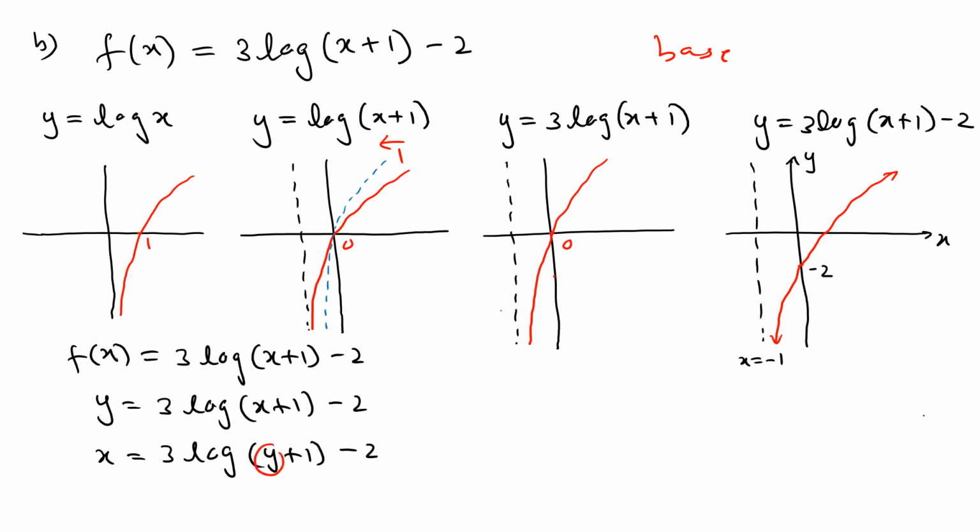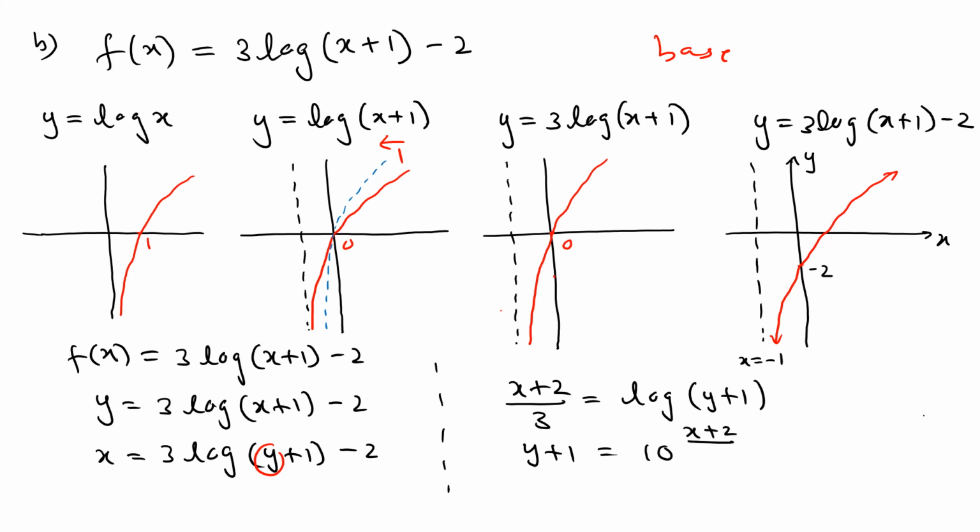To do that, first we move the -2 to the other side and divide by 3. So we can write this as (x plus 2) divided by 3 equal log(y plus 1). Log means the base 10, so we can write this as y plus 1 equal 10 to the power (x plus 2) over 3, just using the log definition.